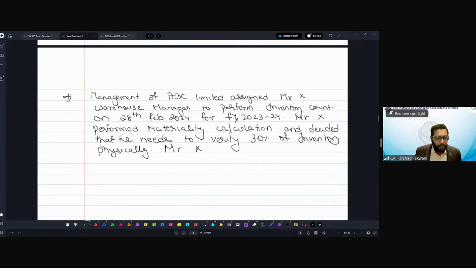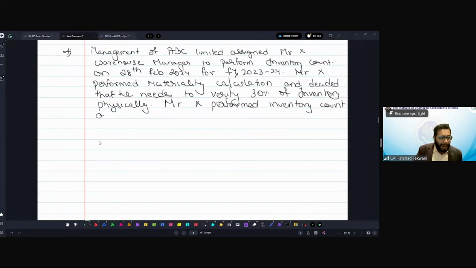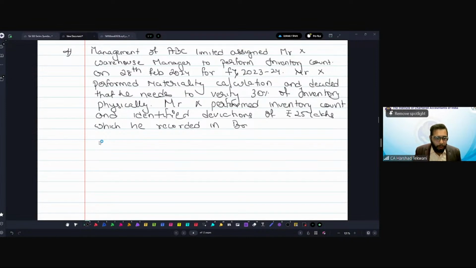Mr. X performed the inventory count and identified deviations of rupees 25 lakhs, which he recorded in the books of accounts.